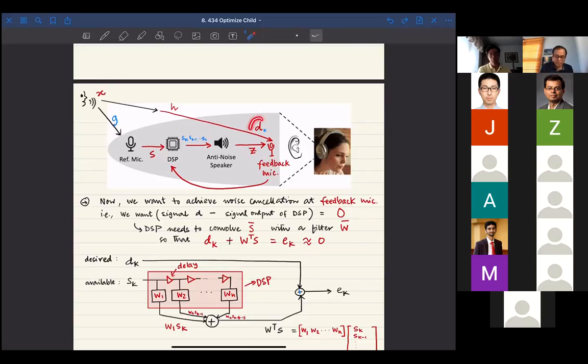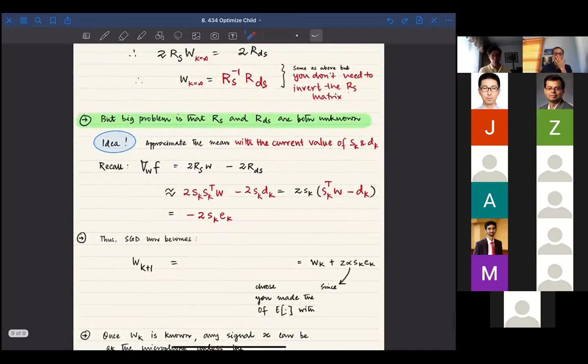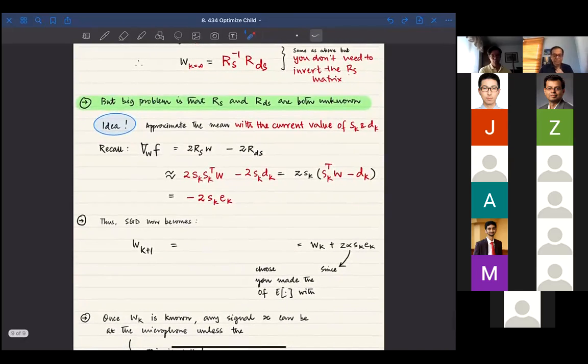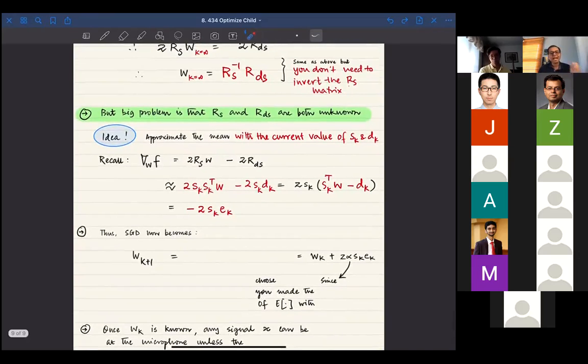But this D, you don't know, because what you're getting at the feedback microphone is the sum of your D and your W transpose S that you are transmitting. So you do not know the covariation of those two. So then what do you do? The idea in the adaptive filter is that the expected covariance matrix is essentially an expectation over time.